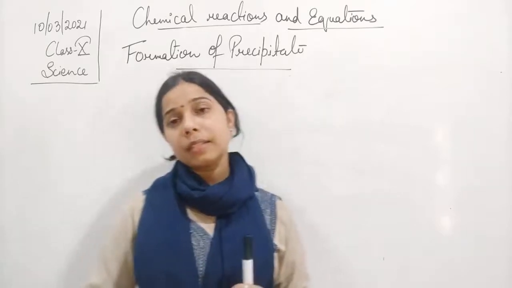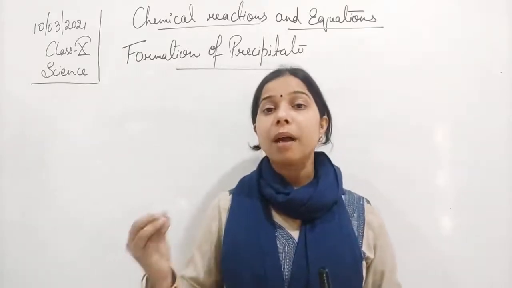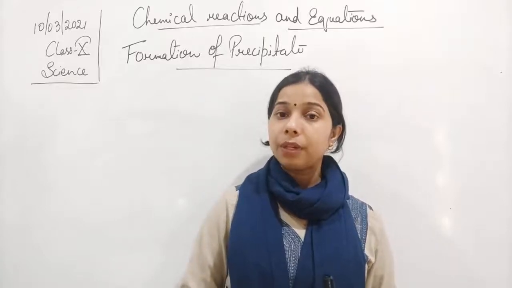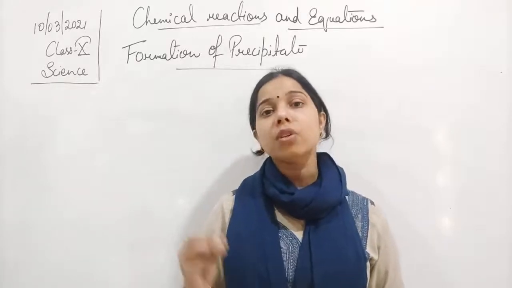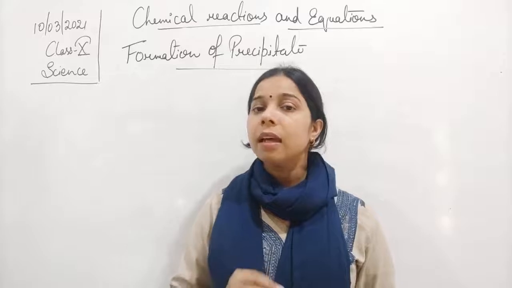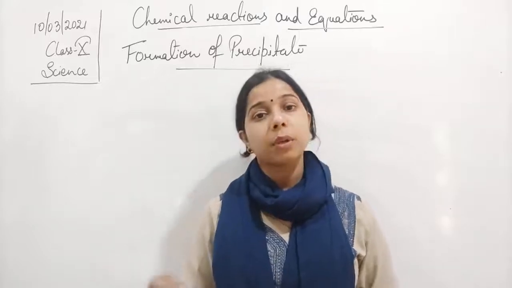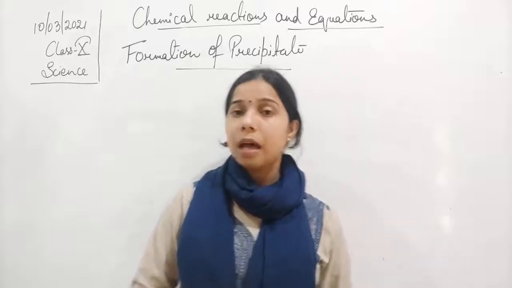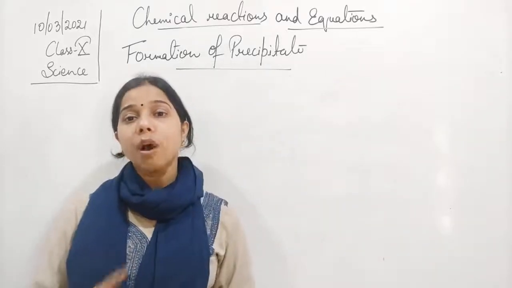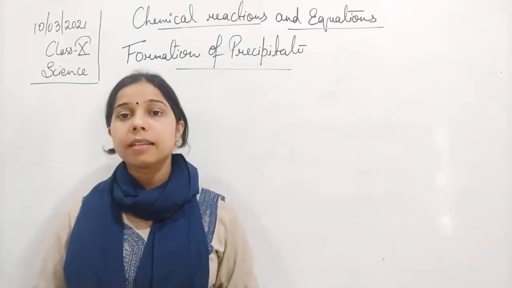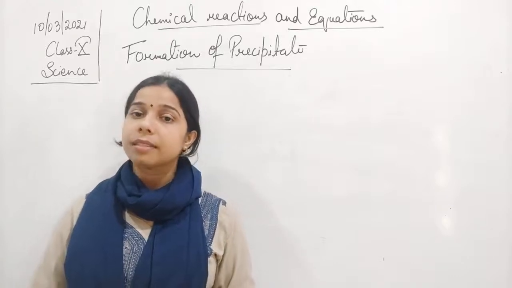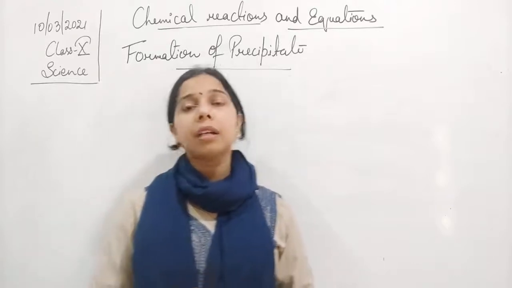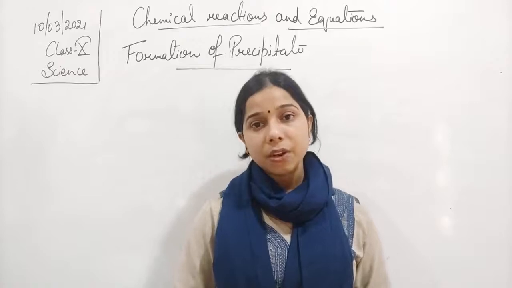Other students, we can take an example of sodium carbonate. When sodium carbonate reacts with dilute hydrochloric acid, there is a formation of sodium chloride, formation of water, as well as a gas will also evolve that is called carbon dioxide gas. How will we come to know that this is carbon dioxide gas?